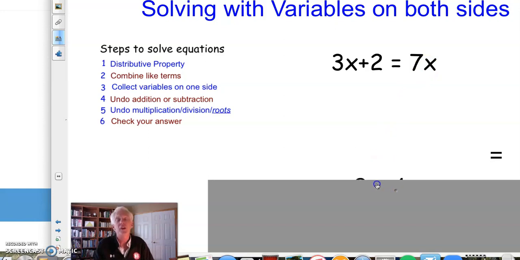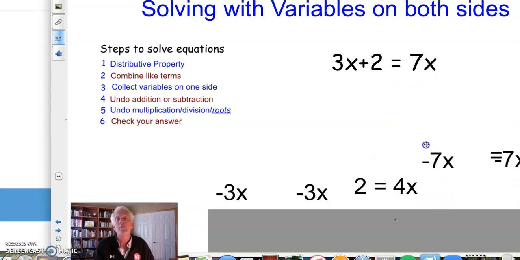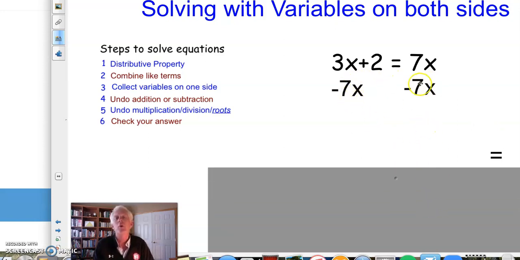Now, I would suggest strongly that when you have your choice, you do this. It will work. You could do it this way, but if you were to subtract 7x from both sides, you would get 3x minus 7x is negative 4x plus 2. Now, the equal sign needs to slide down, and 7x minus 7x is 0.